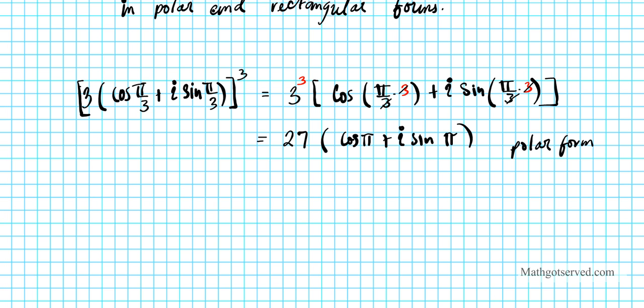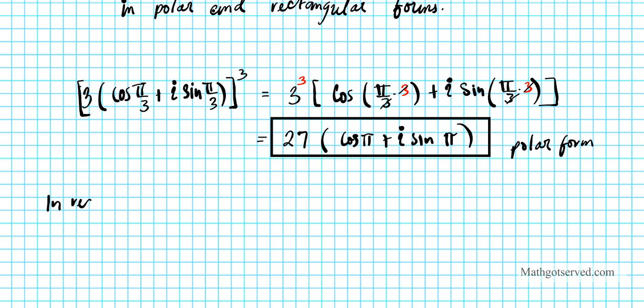Well, we also have to express this in rectangular form. So the question is, is pi a common angle? Absolutely, it is. It is 180 degrees. So in rectangular form, we're just going to evaluate what 27 times cosine pi plus i sine pi is.